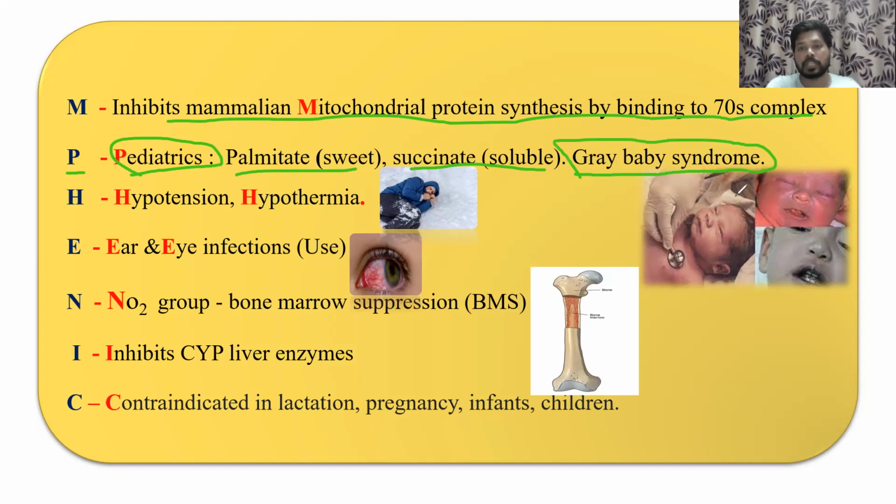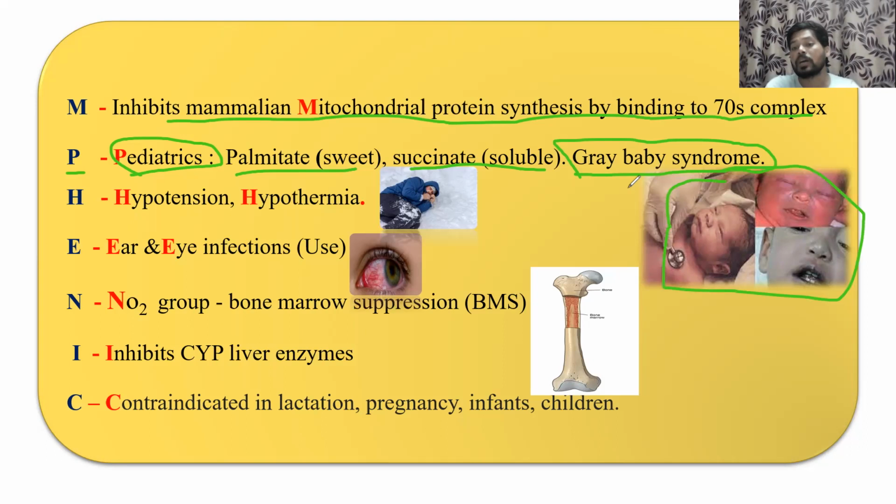If you observe the picture here, I mentioned it for your interest and for easy remembering. Generally, if chloramphenicol is given to infants as well as children around 5 years, what will happen? In these infants or children, the liver enzymatic system is not well developed, especially phase 2 metabolism, glucuronidation. Due to this, the drug is not metabolized easily and stays inside the body.